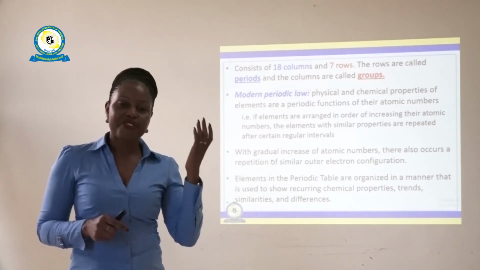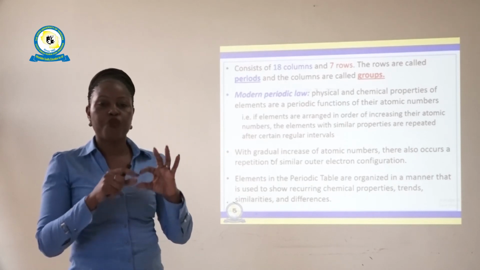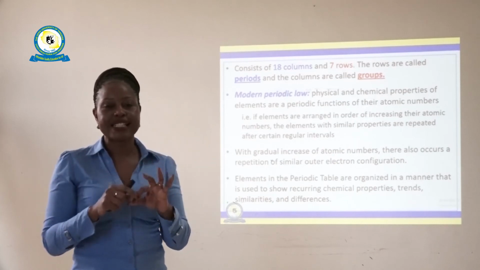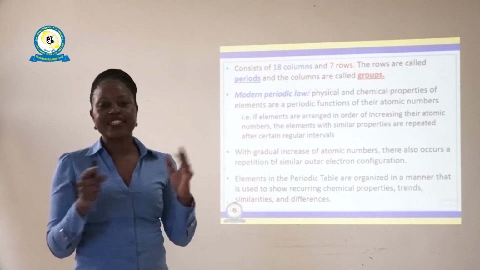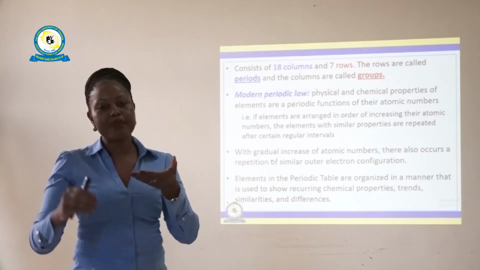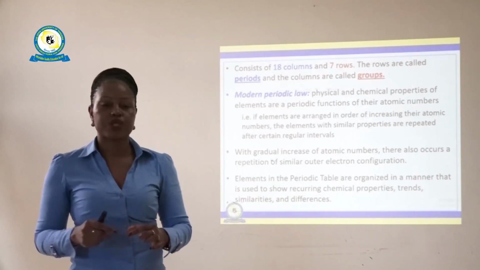We are told that the physical and chemical properties of elements are a periodic function of their atomic numbers. That is, if elements are arranged in order of increasing atomic number, the elements with similar properties will be repeated at certain regular intervals.